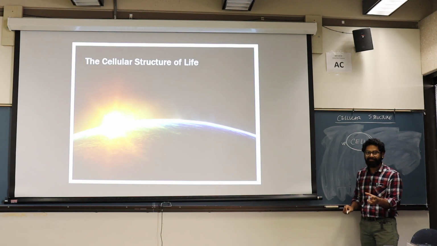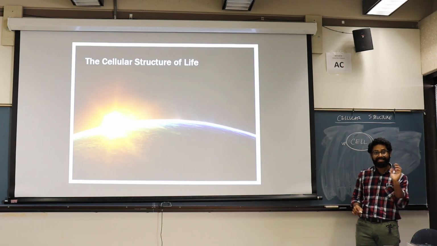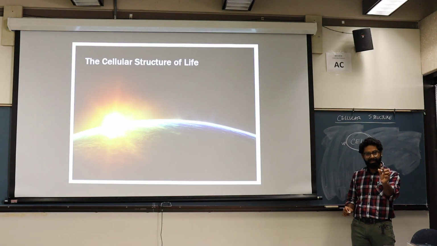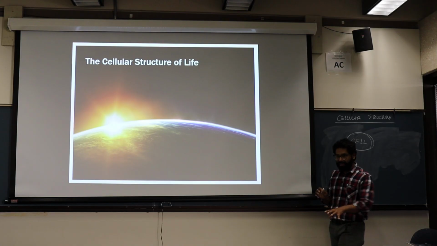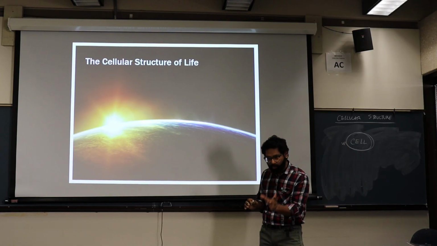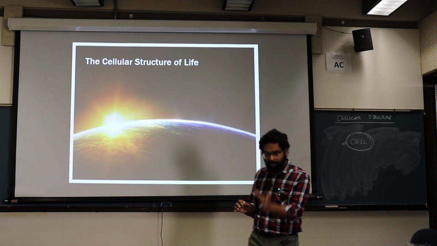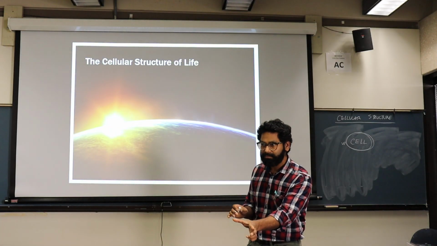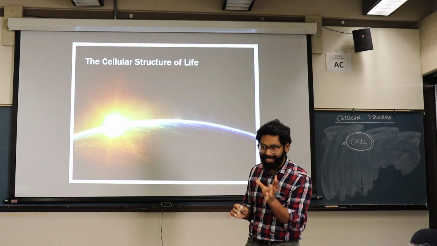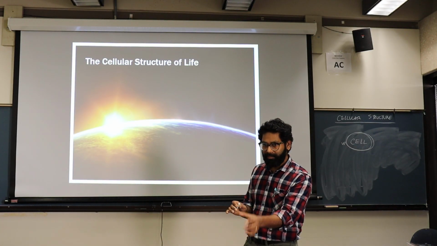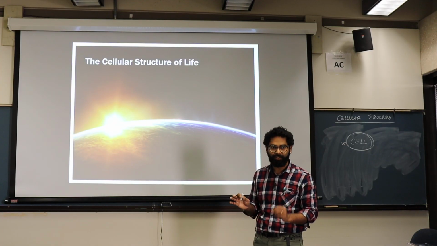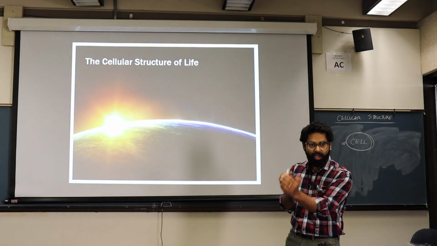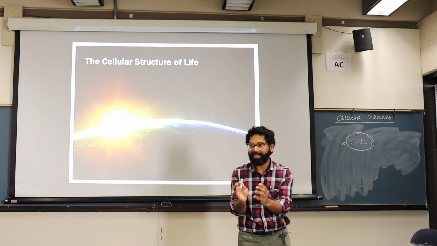You cannot have anything that you can say is alive that is inside the cell. So one cell could be called an organism or life, but anything that is inside of it we don't call life. So that is the smallest unit of life that we define.